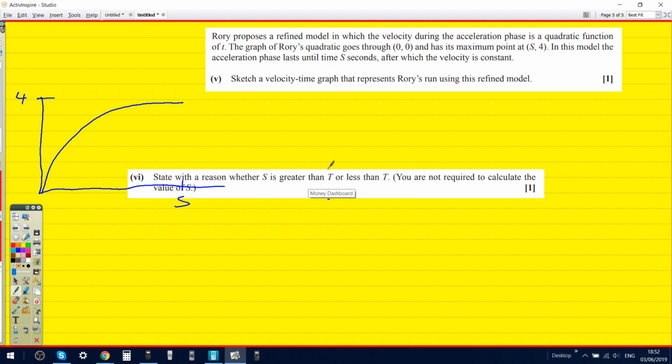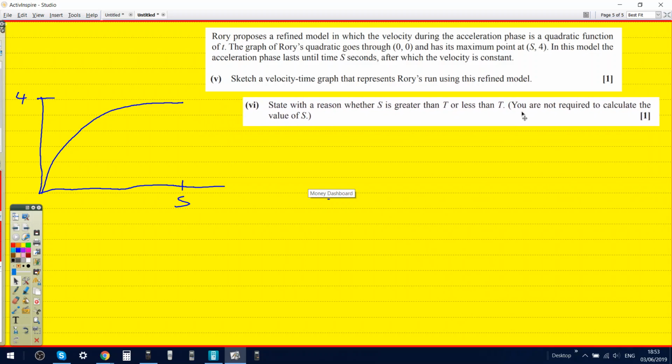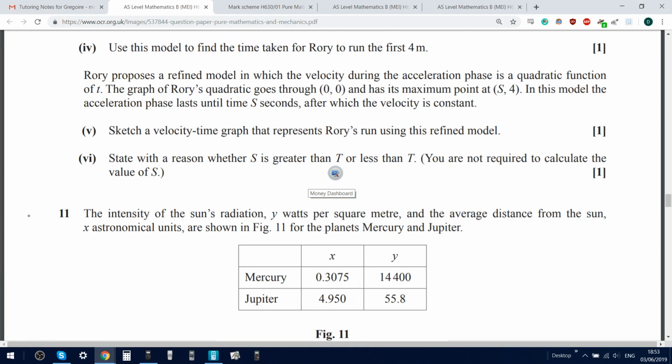Say we're reasoning whether S is greater than T or less than T. But since the area has to stay constant, then S is greater, I think. Because it's curving downwards.